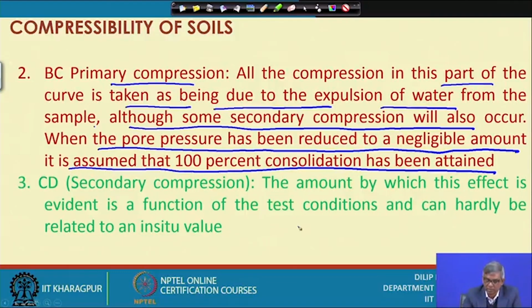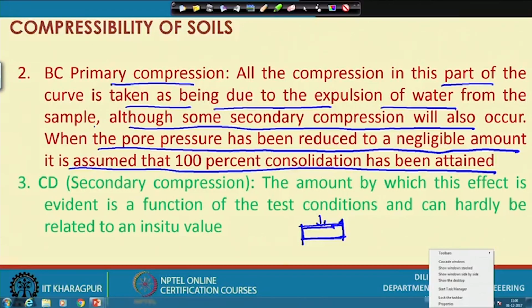That means, when in the consolidation setup you have applied load, what is the definition of completion of consolidation? When you apply the load, pore pressure will develop within the soil, and when we keep it for a longer time, pore pressure will dissipate, and slowly excess pore pressure will be reduced, and when the excess pore pressure comes to 0, at that time we say it is completion of consolidation.